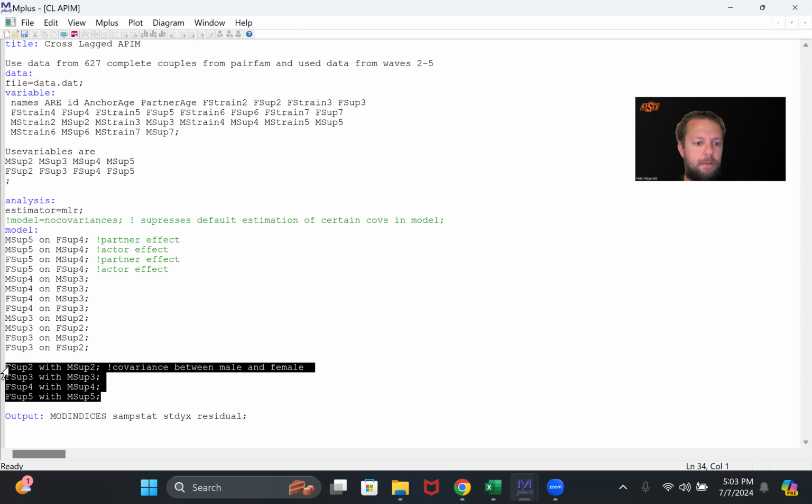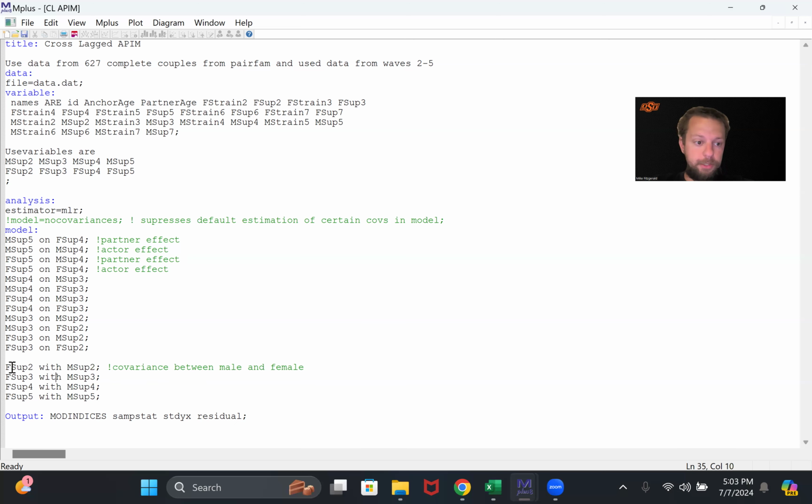Here we have within-wave residual covariances, such that female perceptions of marital support are correlated with male perceptions of marital support, right? We wouldn't believe that those are independent of one another. Instead, we are going to say they're going to be profoundly impacted and profoundly correlated with one another, probably at 0.3, 0.4, 0.5, 0.6, something fairly substantial. All right, so let's get to analyzing our data.